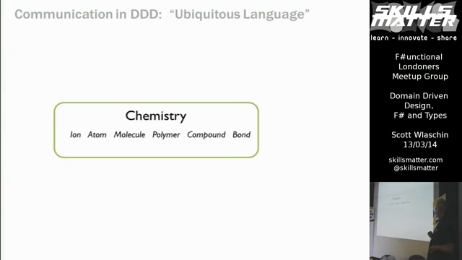So another thing in the world of domain-driven design is what they call ubiquitous language. And if you're working in a particular domain, say chemistry here, you have some jargon that you use. If you're working in trading business, you have jargon, and each business has their own jargon.